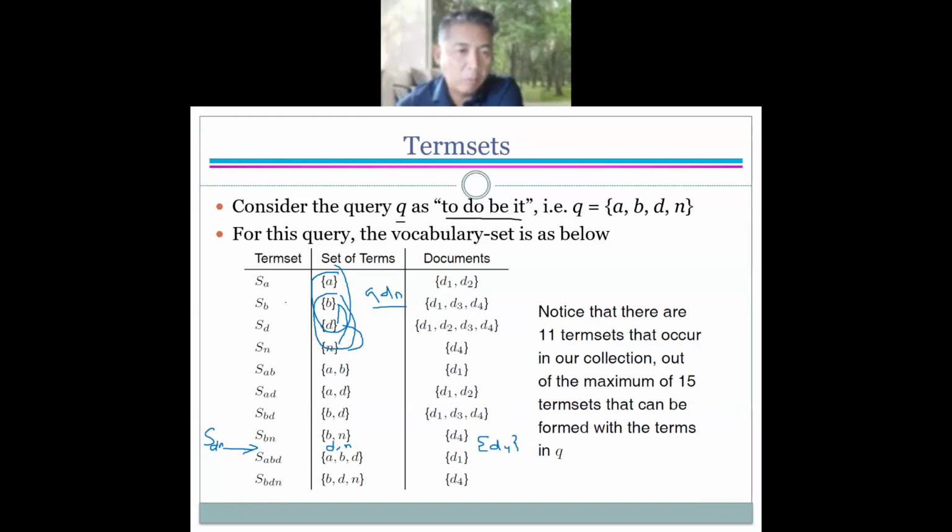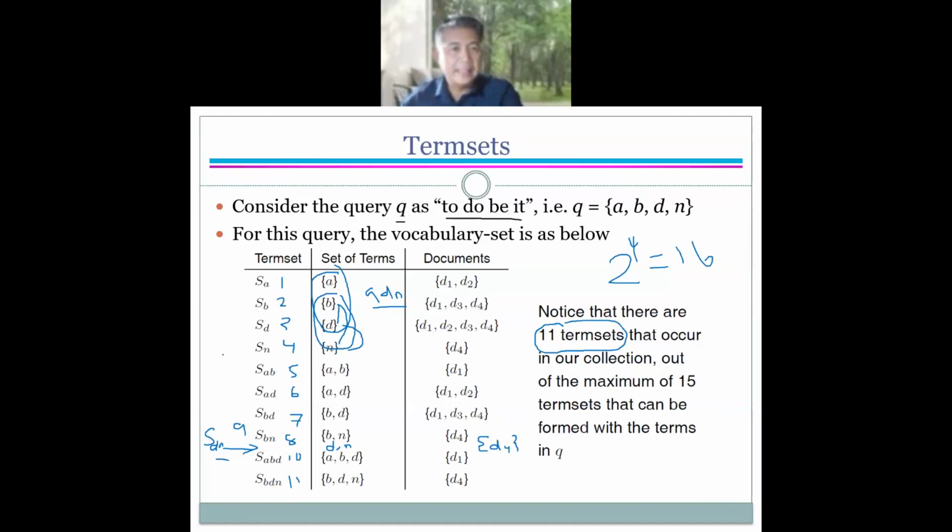So basically we have 1, 2, 3, 4, 5, 6, 7, 8, 9, 10, 11. Okay, so this one should be in. So we have 11 term sets here, out of a maximum of 2 to the power of 4, which is 16.